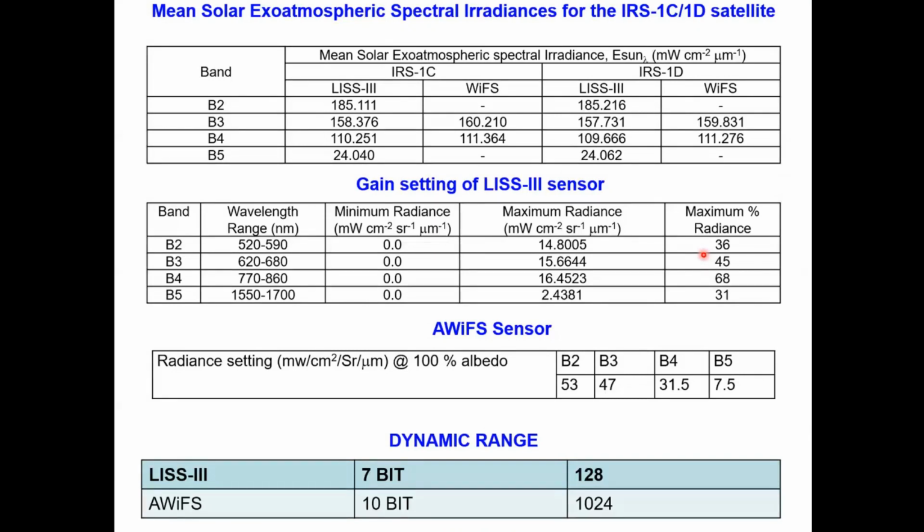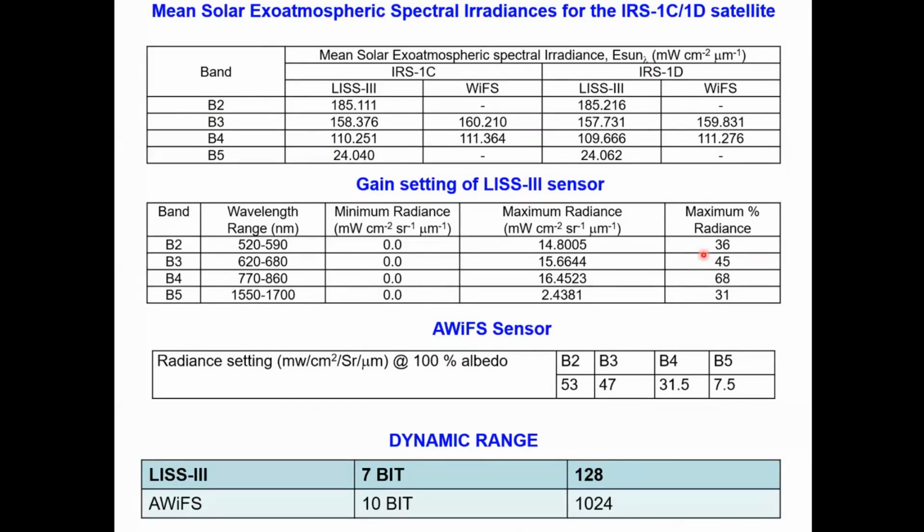The key question is why it is done in this fashion. Some of the land objects for which this sensor was launched have very low reflectance, so they reflect a very small amount of energy. To make sure that you get a large dynamic range in this small amount of energy, you do it this way.